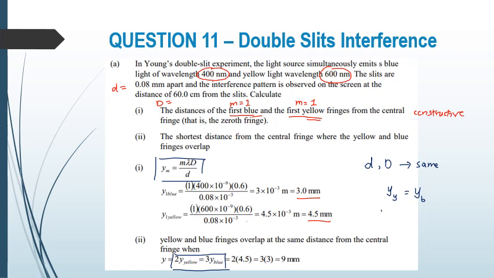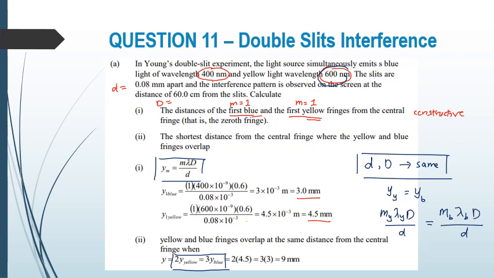Now let us substitute the equations into here. For y yellow, I have m yellow, which is the unknown value, lambda yellow given in the question, which is 600 nanometer, and then capital letter D and small letter d without subscript because it is the same for both colors, and then equals m blue lambda blue D over d.